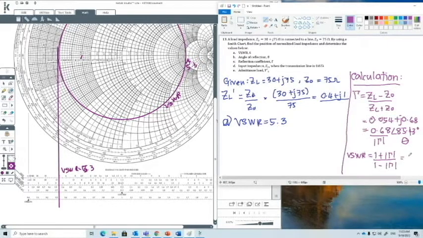Okay, so put in the value in your calculator, so you will get your VSWR is 5.25. Okay, so di sini saya from Smith chart I get 5.3. From my calculation is 5.25. So roughly it's about the same answer. Okay, so lega lah jawapan awak dah sama.